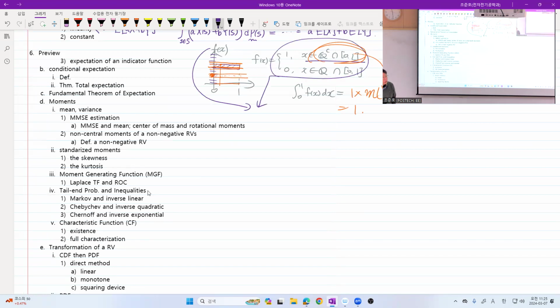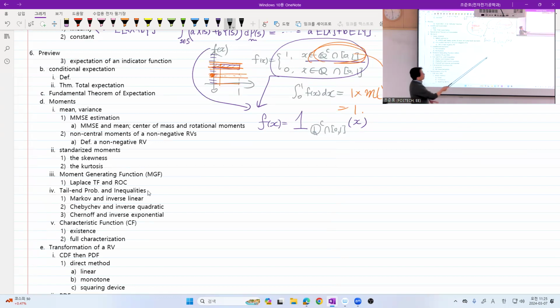For example, let me show you how I can write it. This is an exact example. f of x equals 1 sub something of x. What is this something? Very simple: Q complement intersection [0,1].